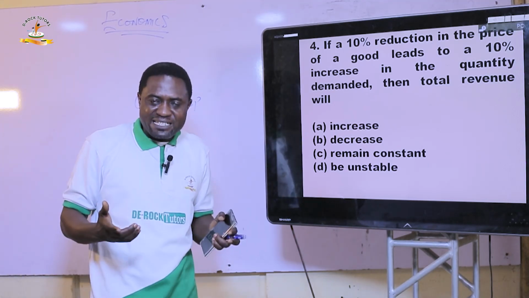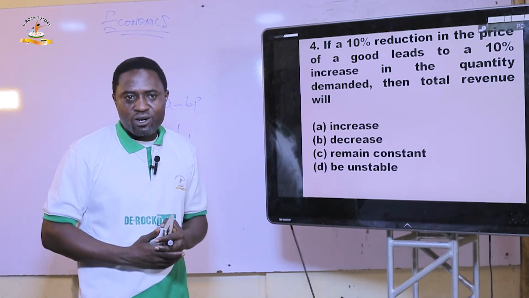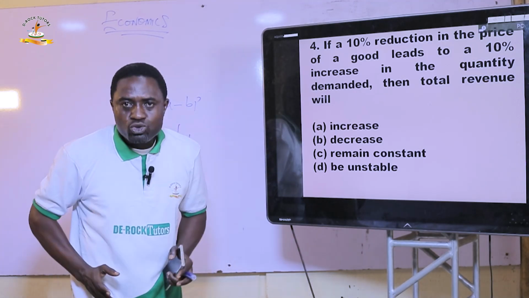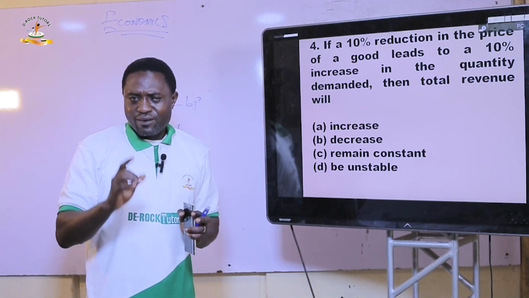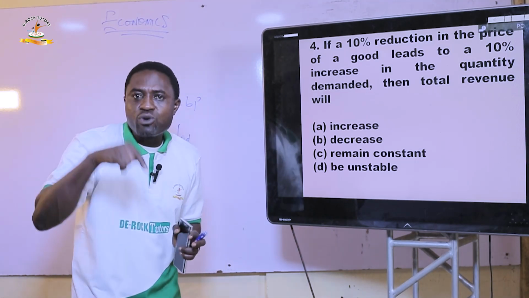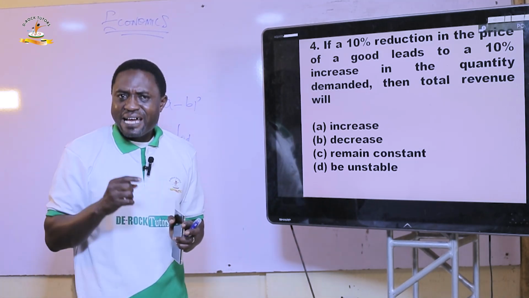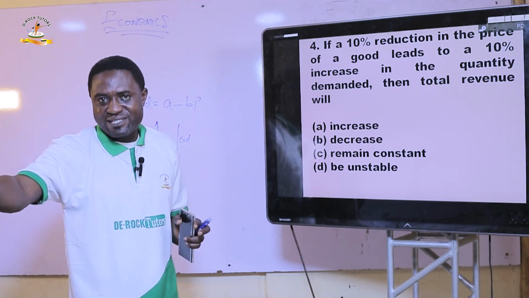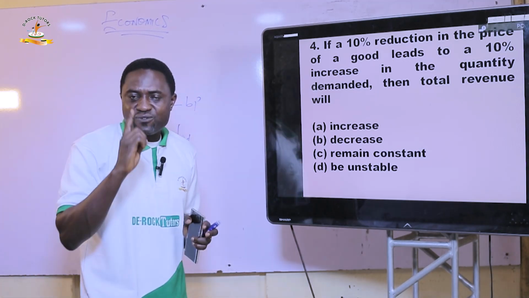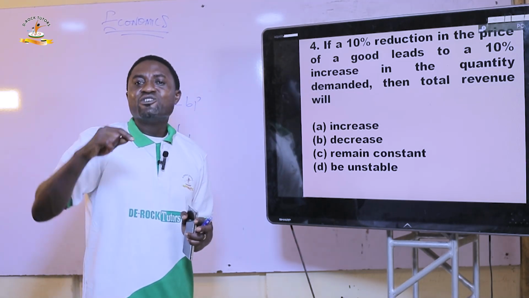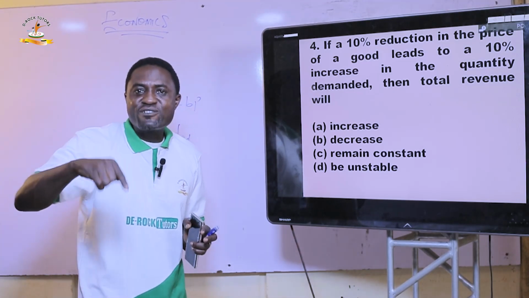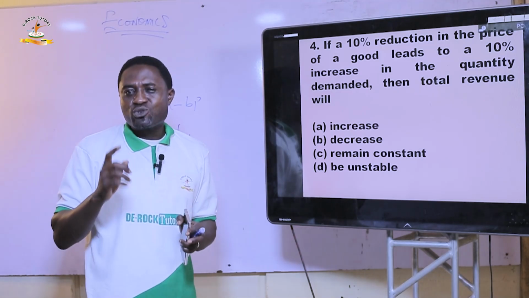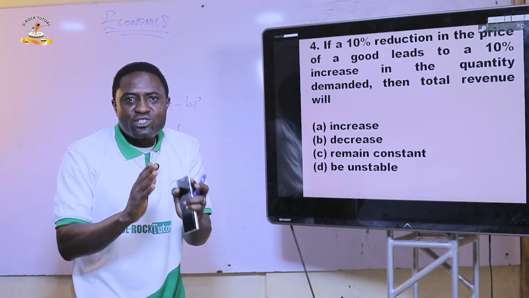Coke, for example, as I've been saying, if a bottle of Coke costs 500 naira, and you have 12 bottles to sell, your total revenue will be price times the quantity of the bottles of Coke you are selling. So if the price is 500 and you have 12 bottles of Coke, your total revenue will be 500 naira times 12, price times quantity, which will be what? Which will be 6,000. So 6,000 will be the total revenue.